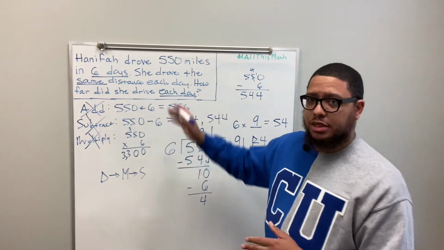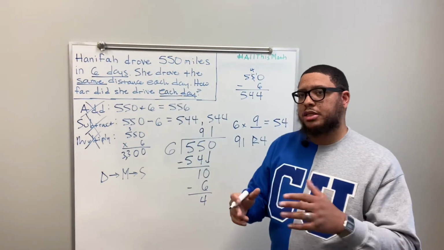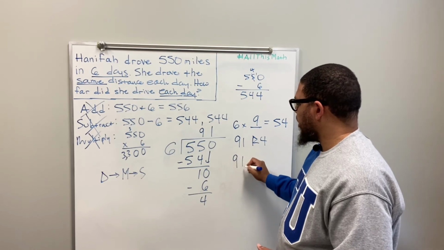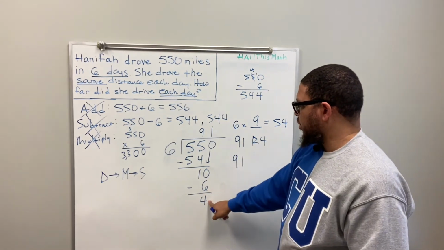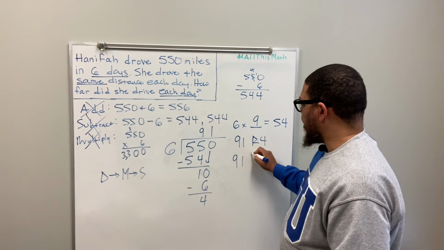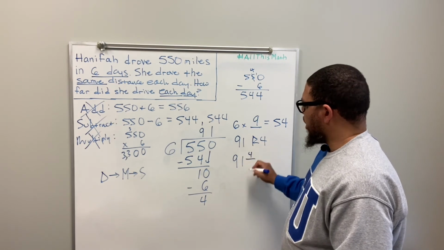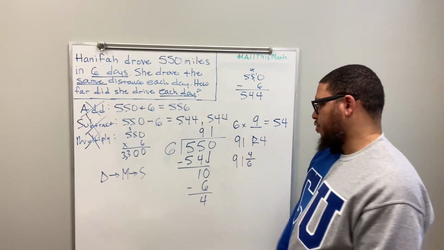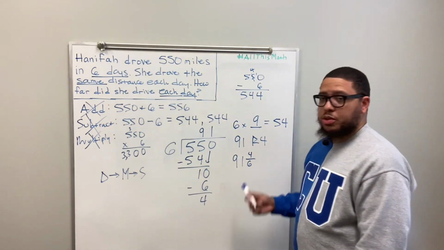Or we could get more specific, which is what we should do because this is a word problem, and we create a mixed number. We say 91, and we take this remainder number and make that our numerator of our fraction. And then we take the divisor and we make that the denominator of our fraction. So we have 91 and 4/6.